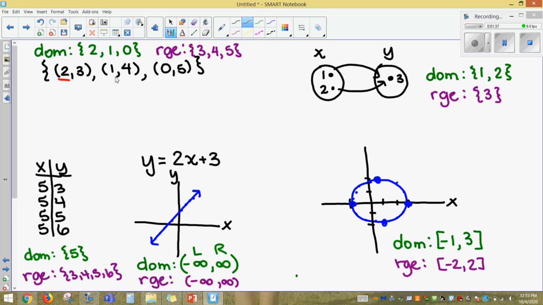And it's not, it's only matched with 3. 1 is matched with 4, and 1 is never matched with anything else. 0 is only matched with 5, and the x value of 0 is never matched with anything else. So every x in the domain is paired with exactly one y from the range, which makes this example in the top left corner a function.